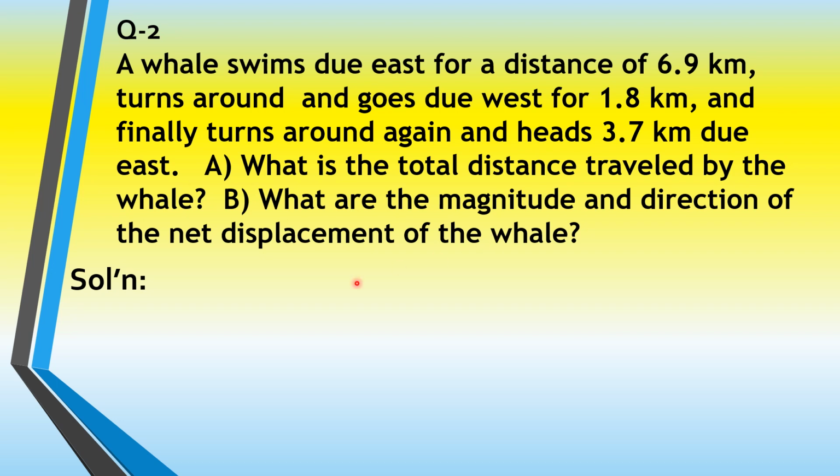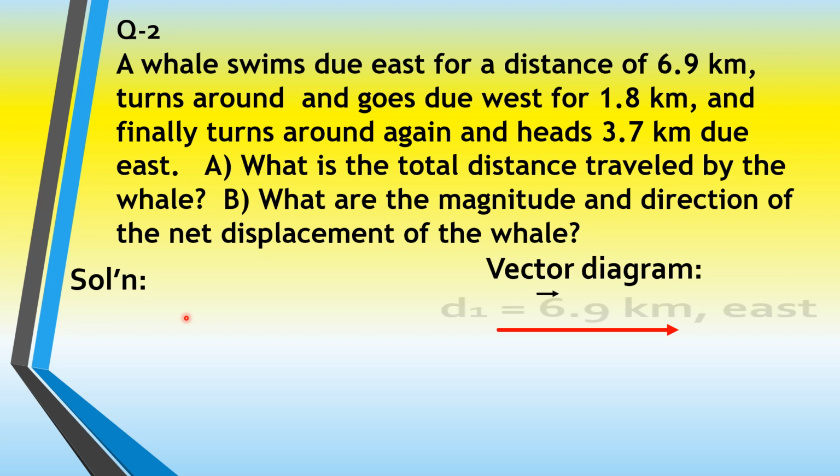So for our solution, we first have our vector diagram. Displacement vector D1 is represented here by a red arrow directed eastward.